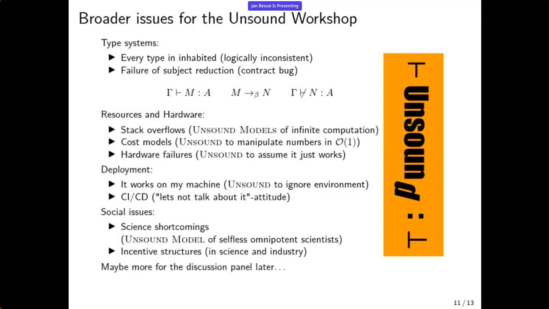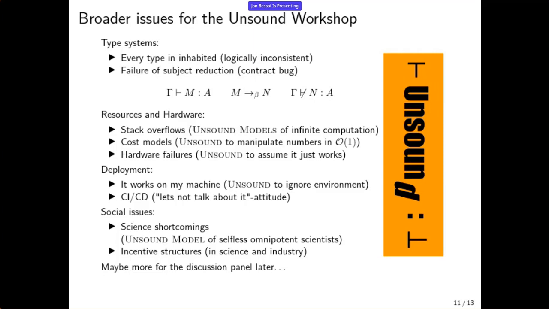And then even more fluffy than that, and maybe even more to the dislike of someone who loves these Greek letters and symbols and whatever in the formal sense, there are also some social issues that get in the way. For example, we have shortcomings in the way the scientific process works.